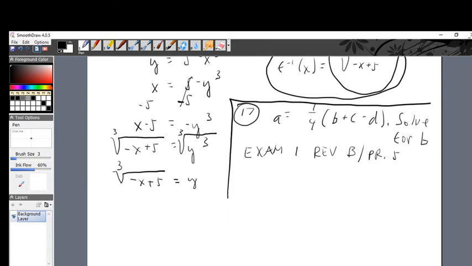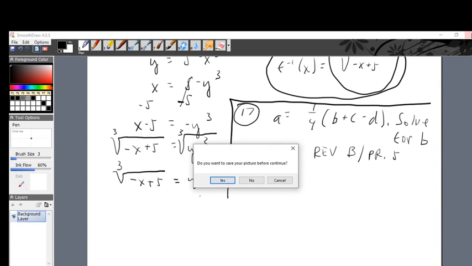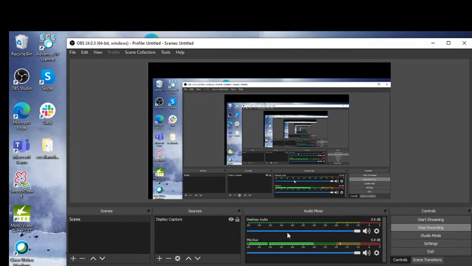Close this, close this, if at all possible. Okay, let's see if I can, yeah, there we go. Close this. Come down and get another piece of paper, carefully.